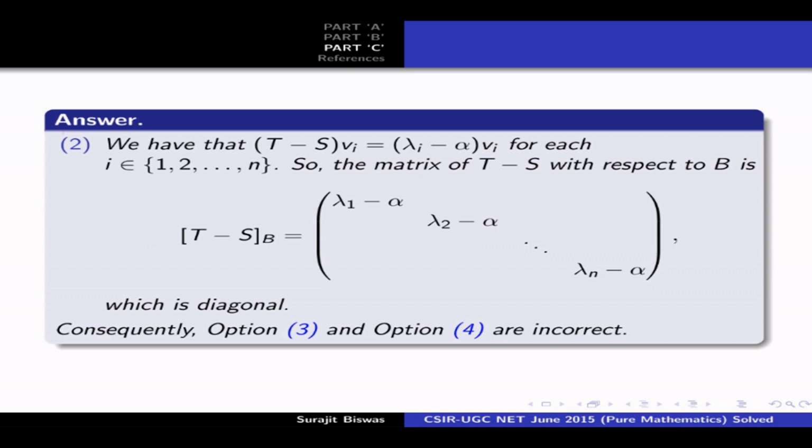For the diagonality of S minus T, we have that (S minus T)(v_i) equal to (alpha minus lambda_i) v_i for each i belonging to 1 to n. So the matrix of S minus T with respect to B has alpha minus lambda_1, alpha minus lambda_2, up to alpha minus lambda_n on the principal diagonal, and therefore T minus S with respect to B is diagonal.